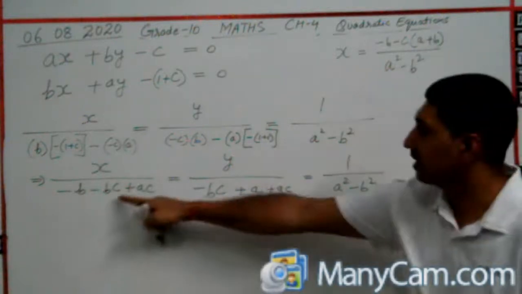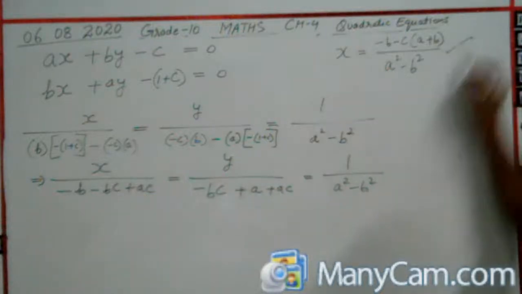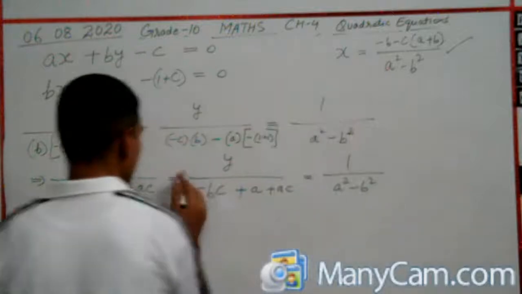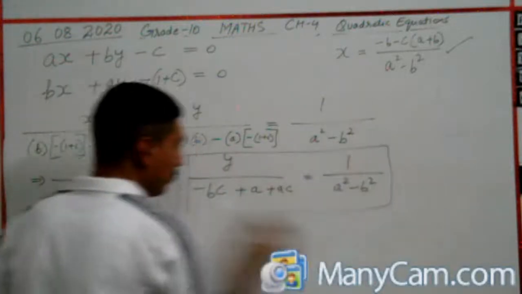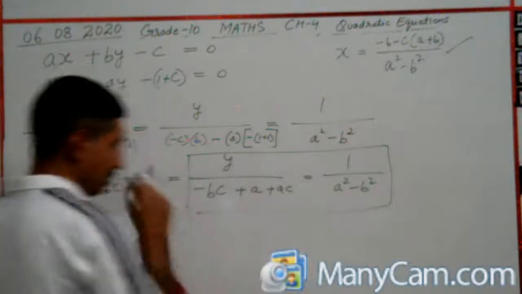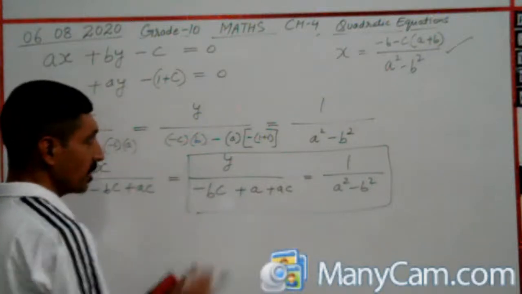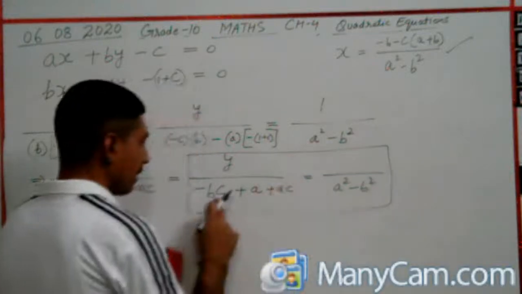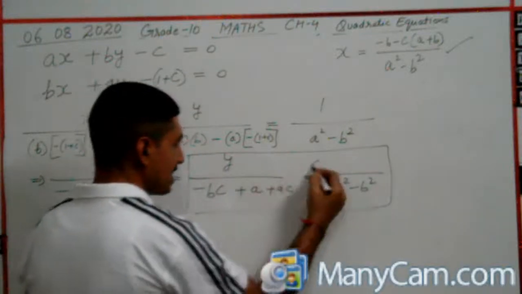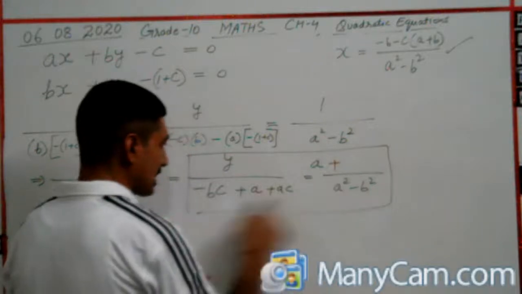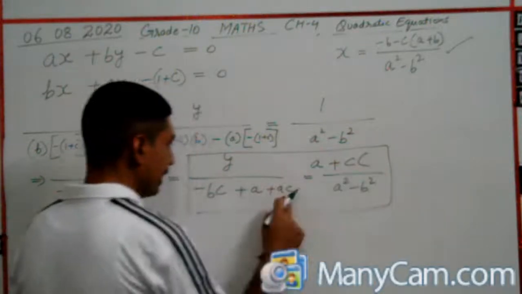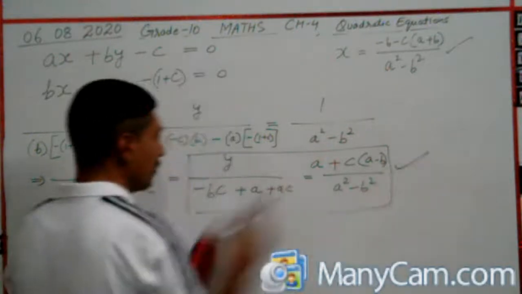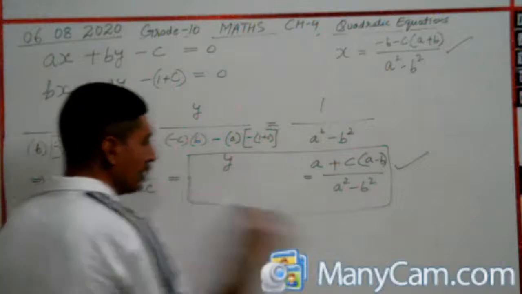And what is y? From here we can solve the value of y by cross multiplying. Here the value of y, there is a plus c again common, and here a is positive, b is negative. So this is the value of y, and this is the value of x.